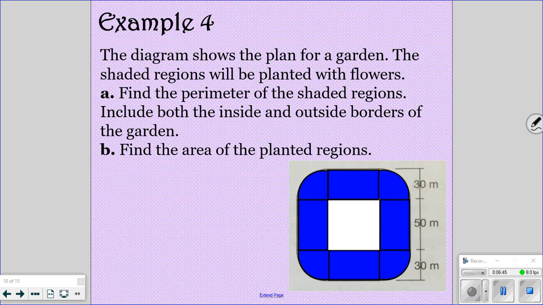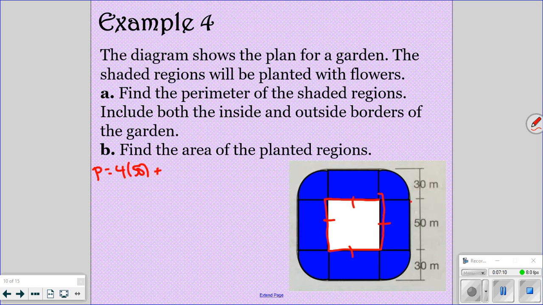We want to find the perimeter of the shaded regions, and it wants us to include both the inside and outside. So the inside part would be here. And this is a square. And so this is 50, this is 50, this one's 50, and that's 50. So 4 times 50.